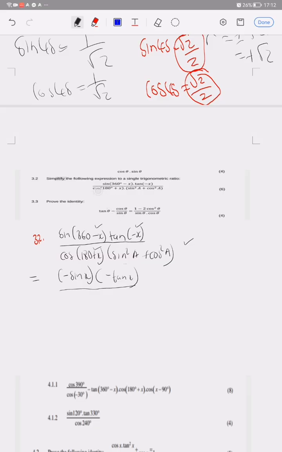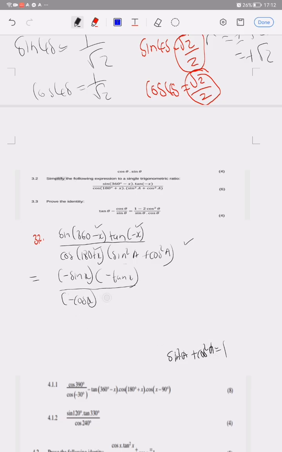So is cos positive or negative in quadrant number 3? It is negative. Negative cos x. Then what is sine squared a plus cos squared a? This is an identity. Sine squared a plus cos squared a will always give me 1.